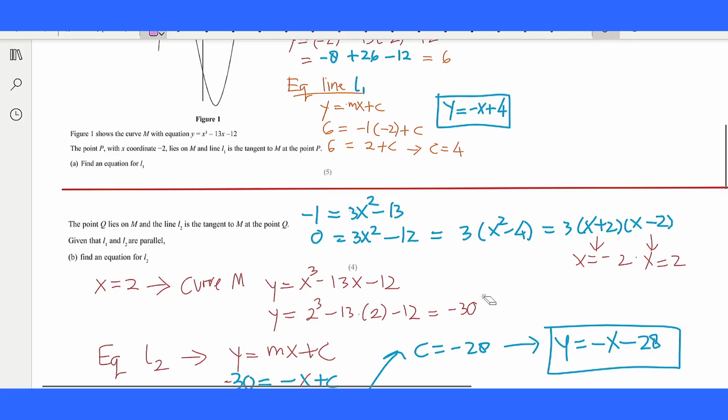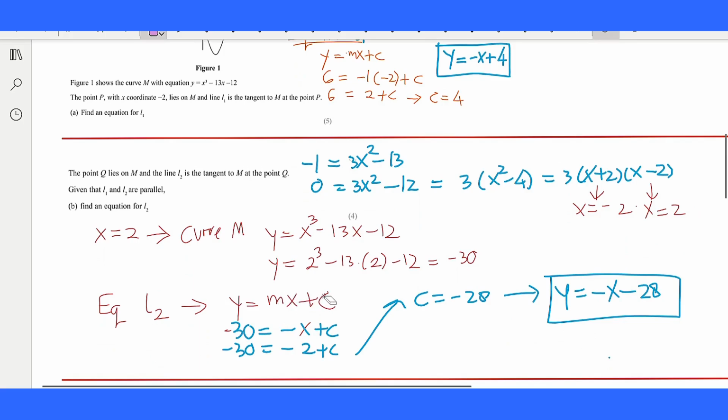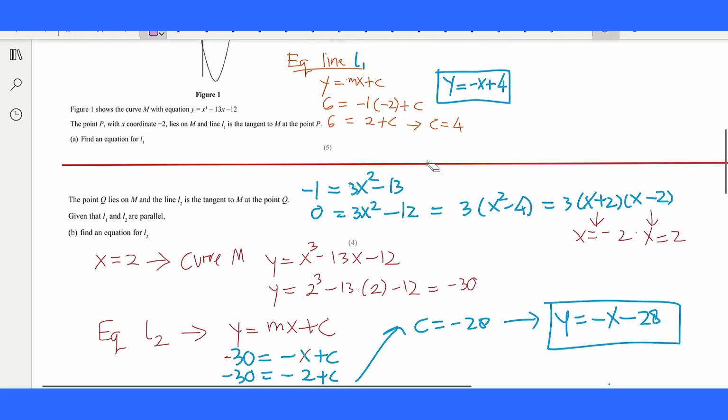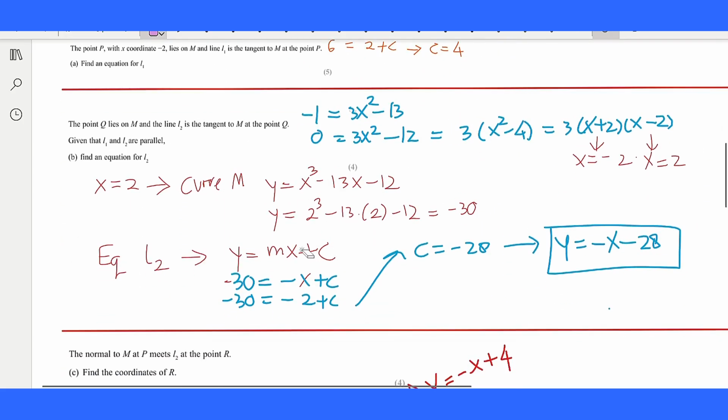(2, -30). Now based on that, we take the line equation as y equals mx plus c. Our y is negative 30 and our x is 2. The gradient is the same, negative 1. So m is negative 1, times x is negative x, plus c.